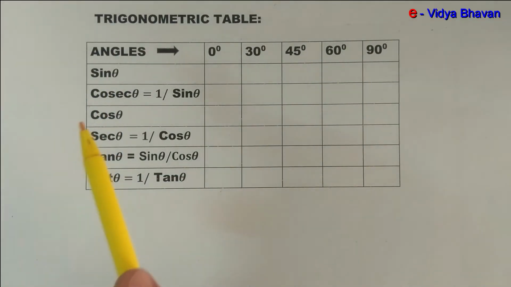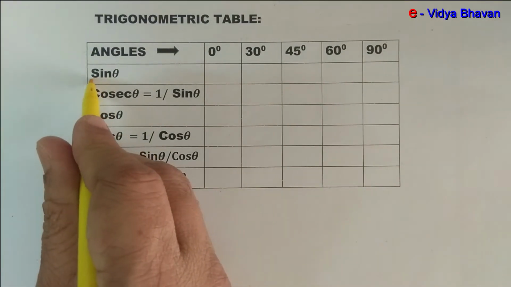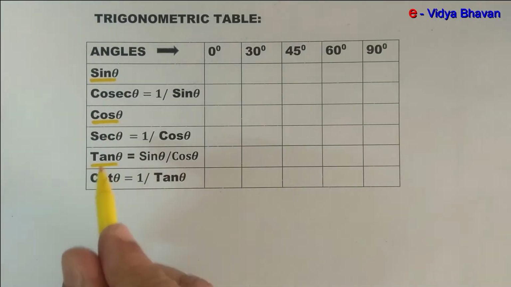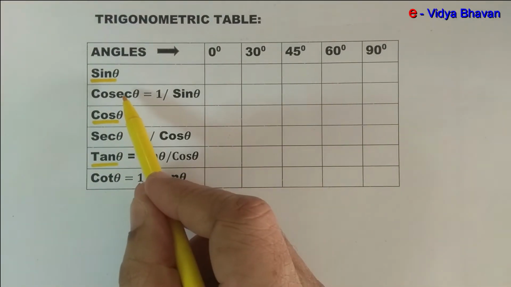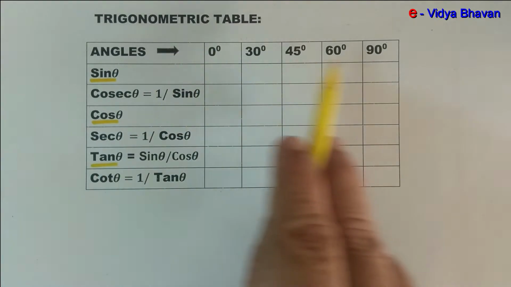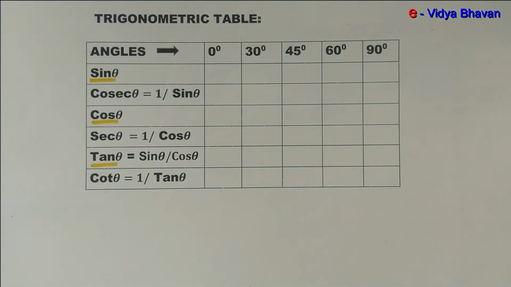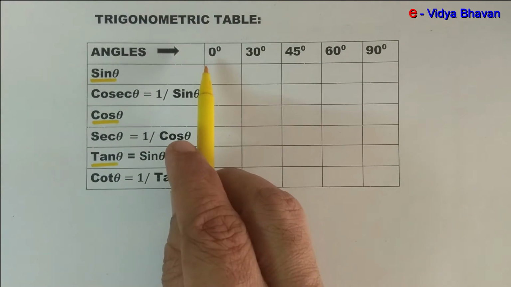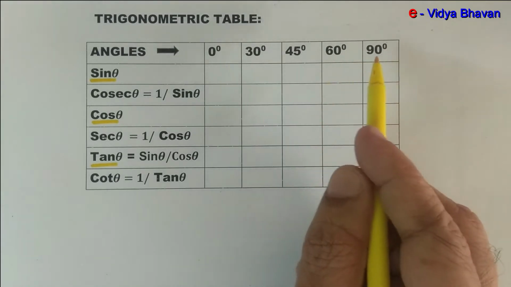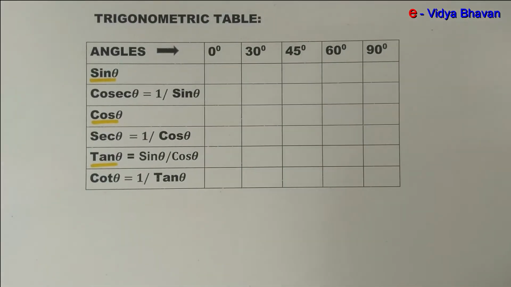Vertically, there are 6 trigonometric ratios, in which sin theta, cos theta and tan theta are the main trigonometric ratios, while cosec theta, sec theta and cot theta are their reciprocal partners. Horizontally, there are the angles 0 degree, 30 degree, 45 degree, 60 degree and 90 degree.